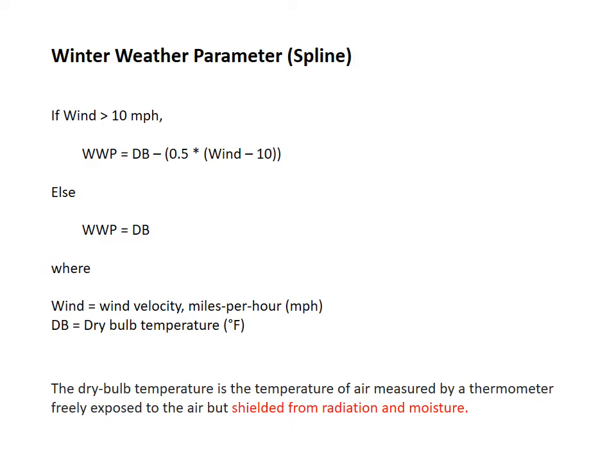But if wind is not greater than 10 miles per hour, then the winter weather parameter just equals the dry bulb temperature, right? So what this is basically saying is, if wind speed is above 10 miles per hour, then we want it to have some effect on the winter weather parameter, but otherwise we're just going to ignore it.